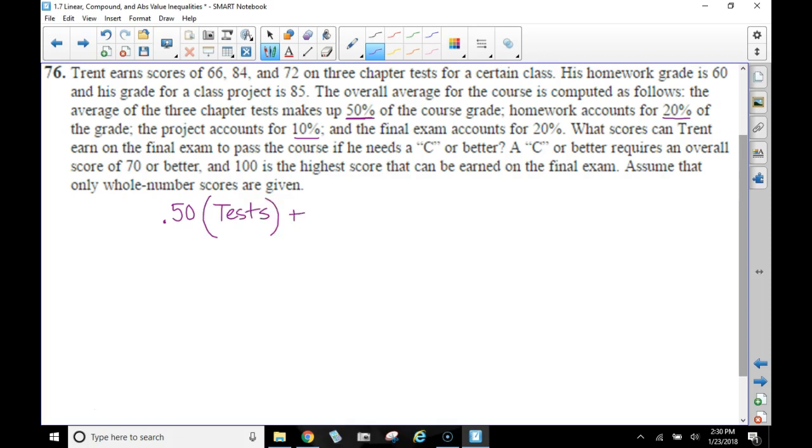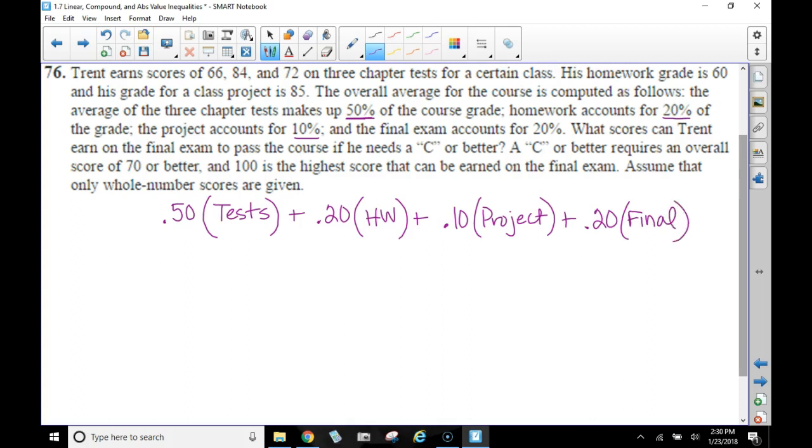If we add that to 20% of the homework, so 0.2 or 0.20 of the homework scores, added to 10% of the project, added to, so far we have 50%, 20%, 10%, that all adds up to be 80%. So the remaining 20% is going to be his score on his final exam.